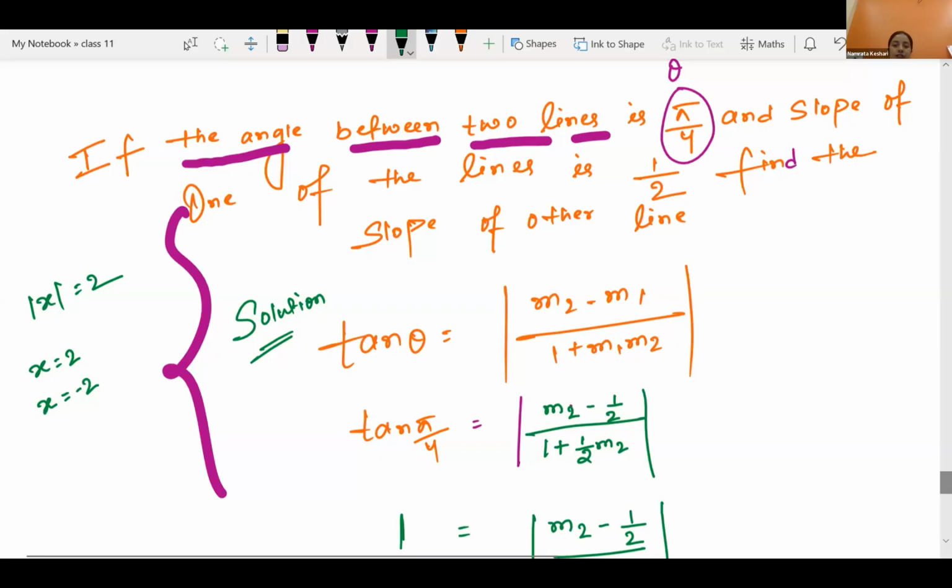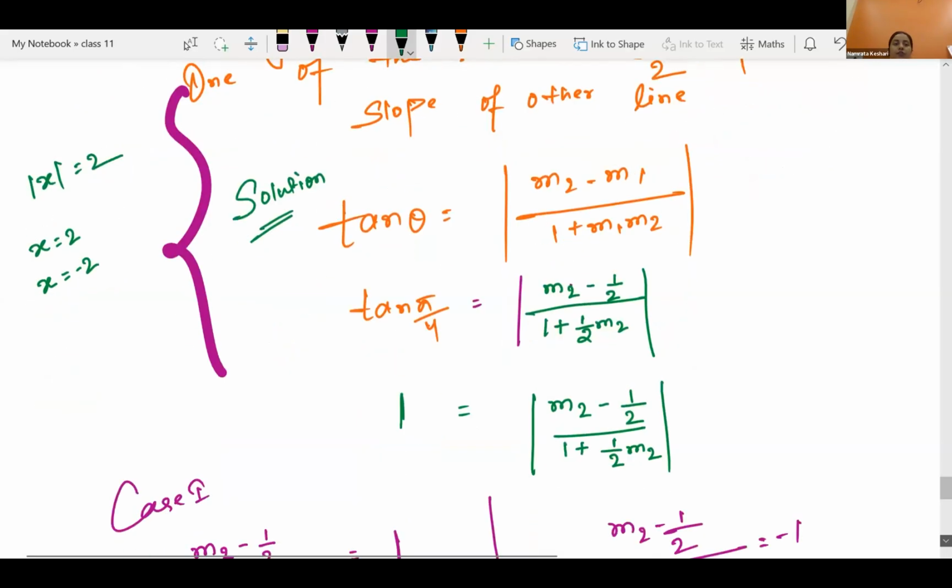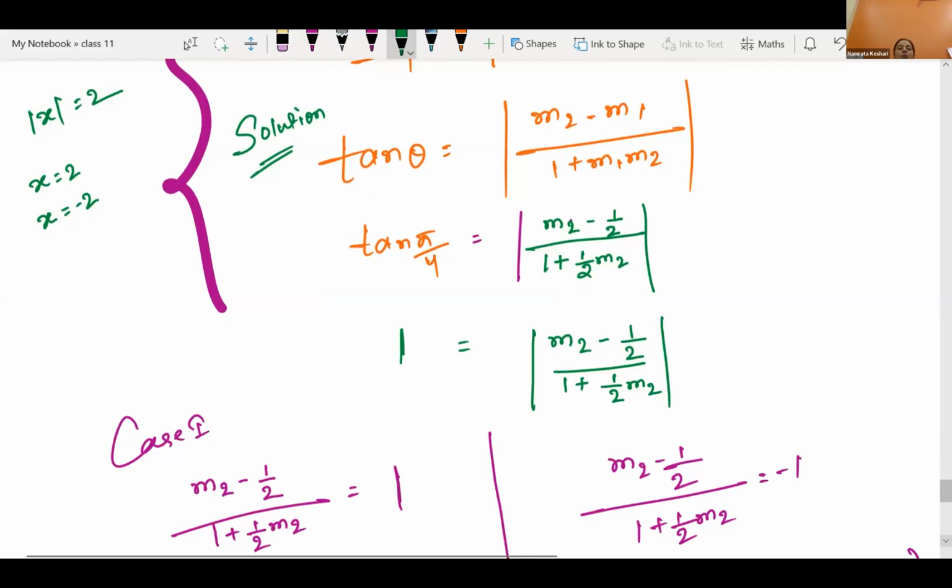So if you are done till here, then with the proper understanding that modulus is like a machine: if we drop a negative number inside this machine, it will give the answer as a positive result. If we drop a positive number inside, it will give back the same number. With this understanding, if mod x is 2, that means inside the modulus, the x value can be minus 2 or just 2.